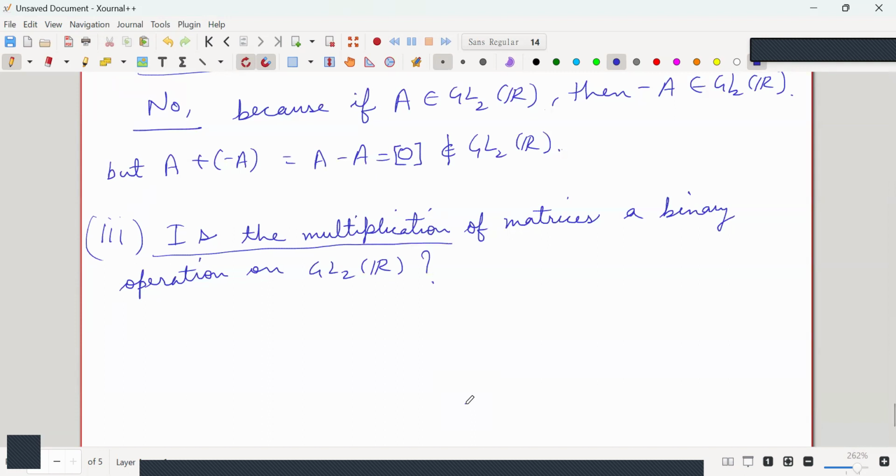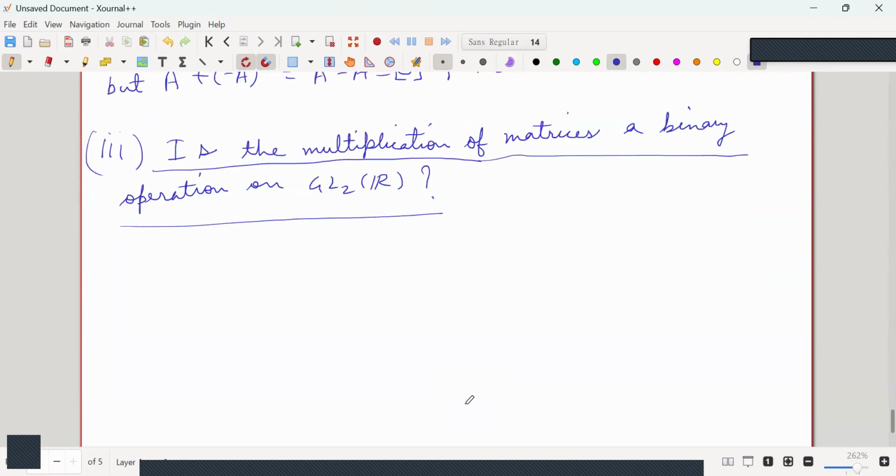So now we need to check whether the matrices are closed under the matrix multiplication inside GL2R.